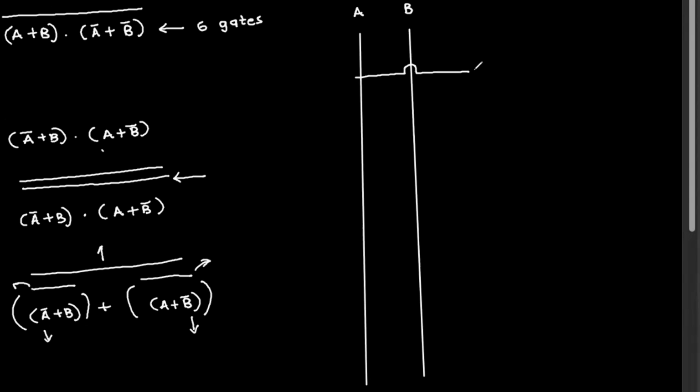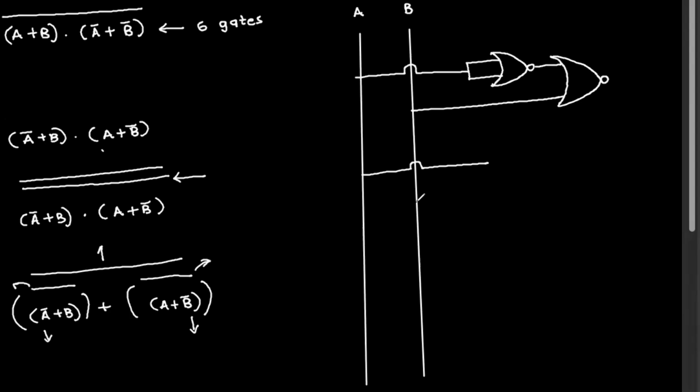So first of all, we need A bar. Let's run it through a NOR gate twice so that we get a NOT gate out of it. And then we need B coming together to go through a NOR gate. Similarly, we need a B bar, which is also possible.